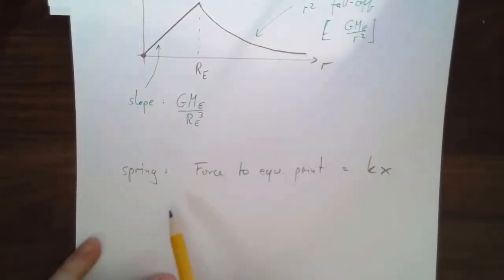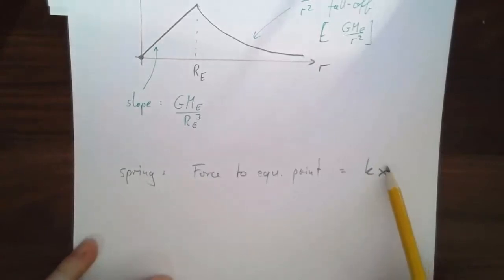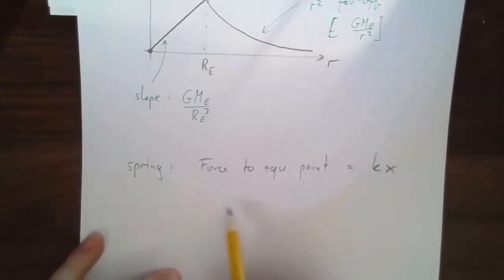If you're on the left, the spring pushes you right. If you're on the right, the spring pushes you left, with a force that increases linearly with the displacement.